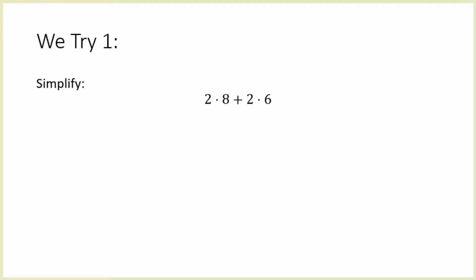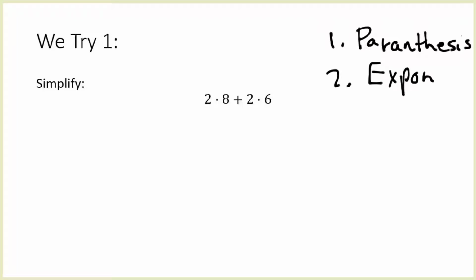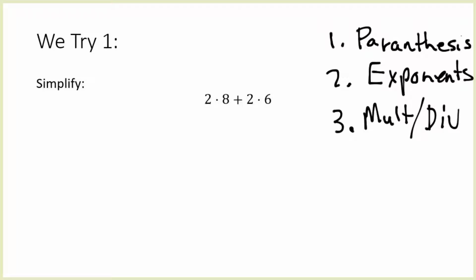So, I don't have any parentheses, so I don't need to worry about them. Remember, the next one is exponents, but I don't have any of those either. However, I do have some multiplication and division, so I am going to do that next. 2 times 8 is 16. 2 times 6 is 12.